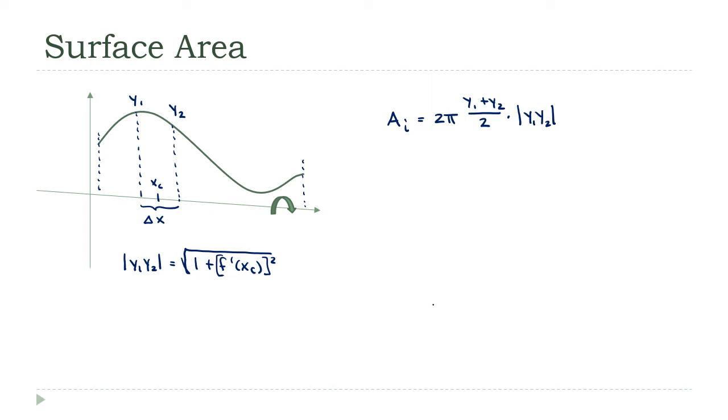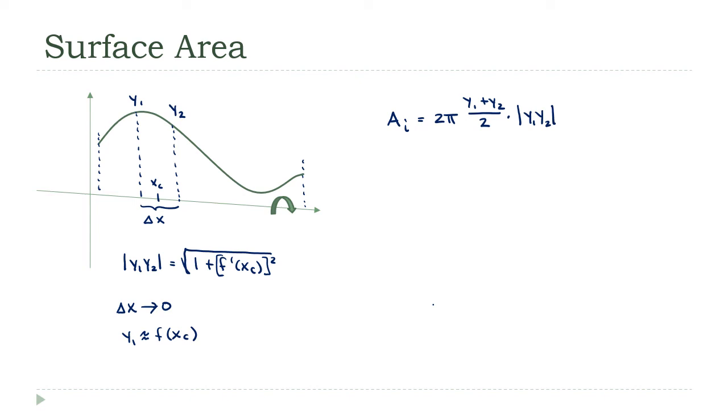You remember we did that using the mean value theorem, and I bring that up because we're going to have some restrictions on this formula, similar to what we saw with the arc length formula, right? So just kind of keep that in mind. Now, what else do we know? Well, look, as delta x gets small, y1 becomes approximately f of x sub c.